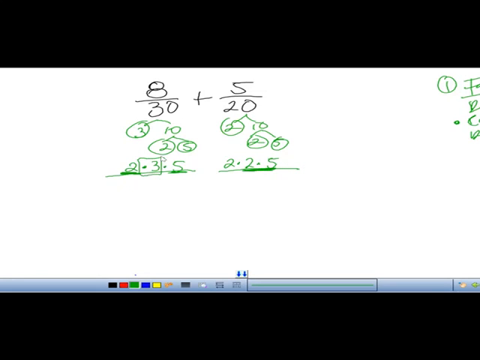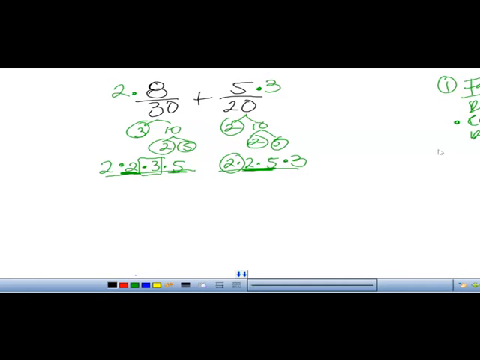This one has a 3, so I need to multiply this one times 3. Whatever I do to the denominator, I need to do to the numerator. What does this one need that this one has? It has an extra 2, so I need to multiply times 2. Whatever I do to the denominator, I do to the numerator. I'm done with step 1.